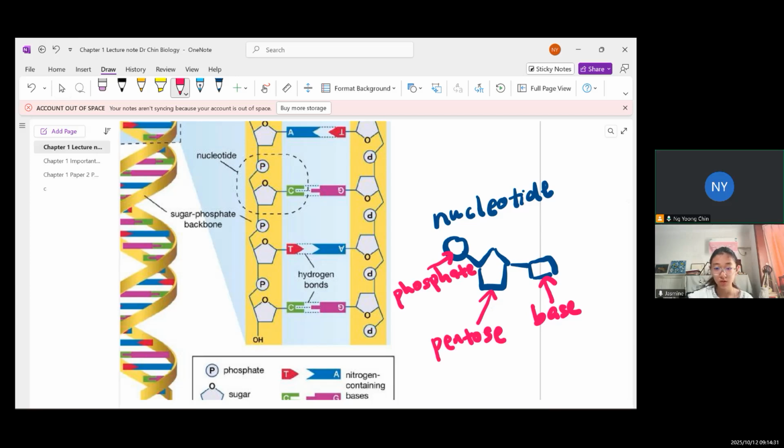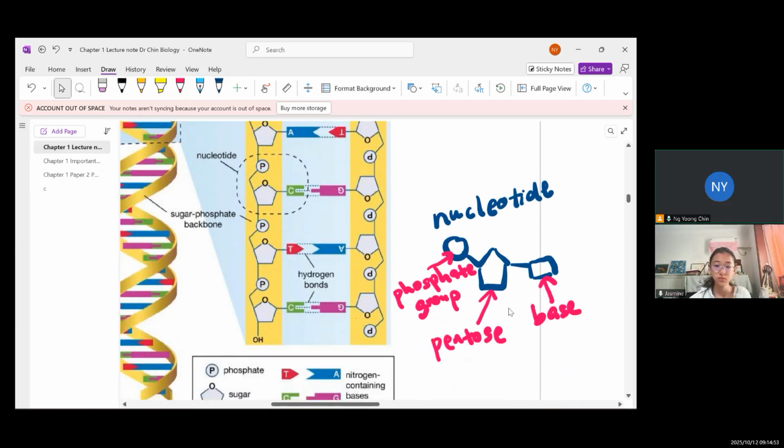Now we focus on the base, because in the DNA there will be a repeating unit of the pentose and the phosphate group, but the base might not always be the same, correct?